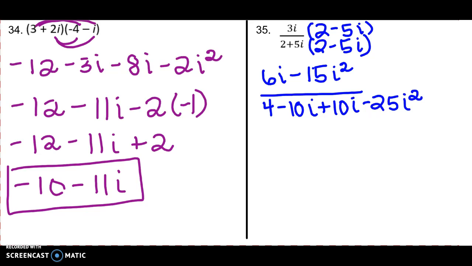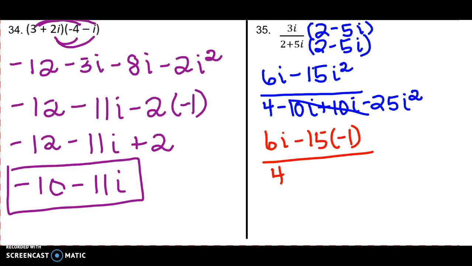And if you look in the denominator, we have a negative 10i and a positive 10i, which we know we can cancel. So now we have 6i minus 15 times negative 1. And in the denominator, we have 4 minus 25 times negative 1.